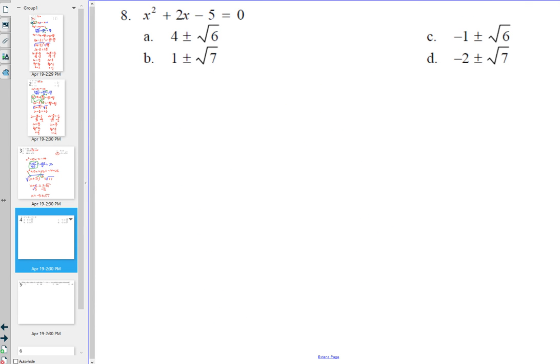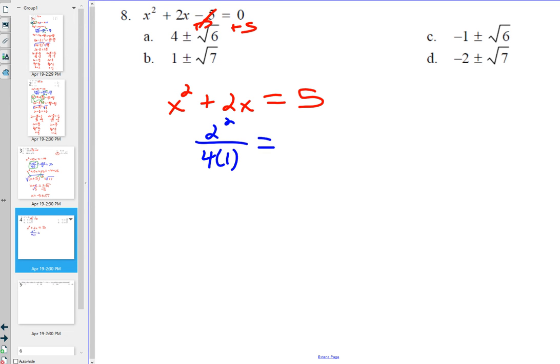Okay, so I've gone over 5, 6, 7. Now here comes 8. Again, if anything, I would use quadratic formula tomorrow, but you didn't know quadratic formula at the time. So let's use what you did know at the time, which was completing the square. 2 squared over 4 times 1 is 4 over 4, which is 1.